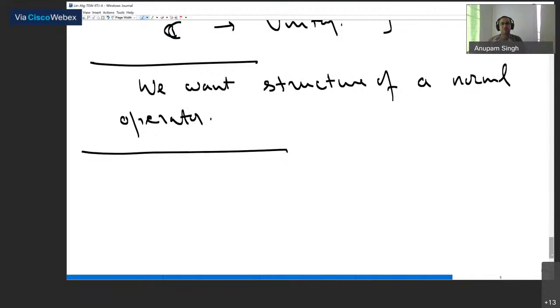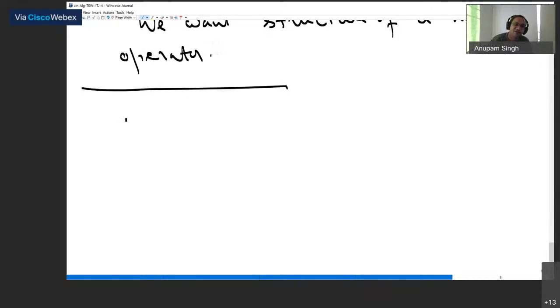It turns out that normal operators look quite strange to define, but they are actually not very strange. Let me give you an intuitive reason why they're not as strange as they look. So here is some intuition for understanding only.